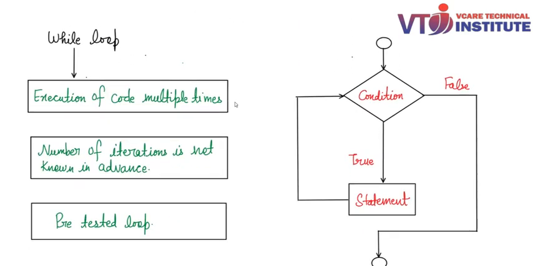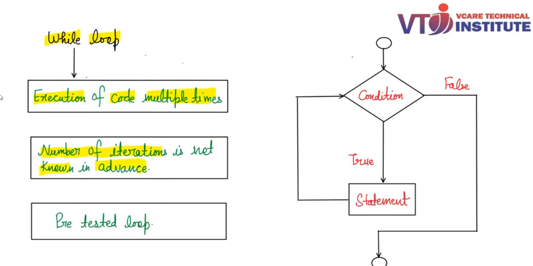So let's move ahead and move towards the while loop. In a while loop, basically there is execution of code multiple times. When we want to execute code multiple times, and in this case the number of iterations, meaning repetitions, is not known in advance. We don't know.